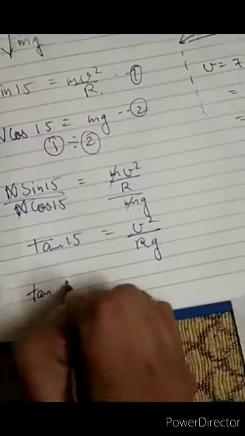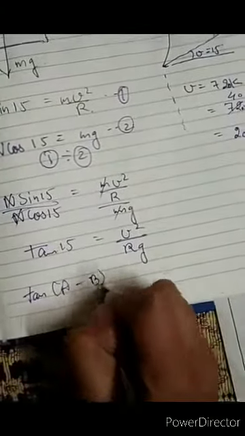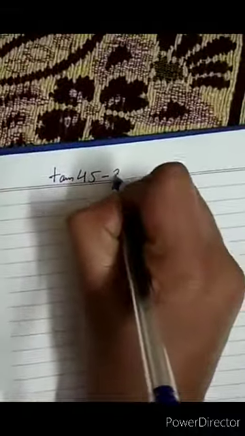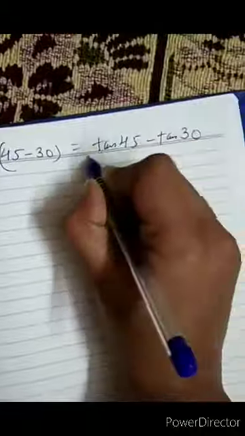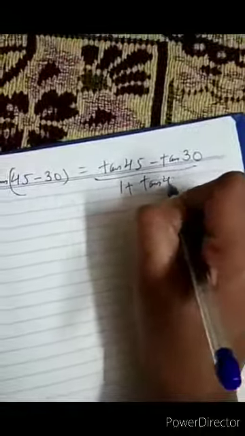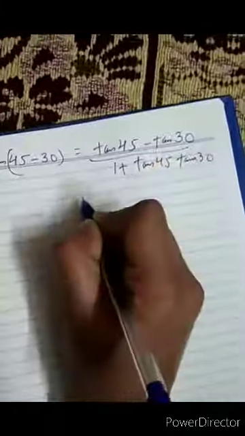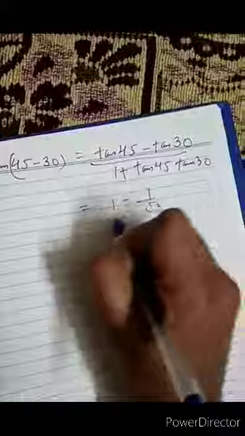You know the formula, tan (A minus B) is equal to tan A minus tan B divided by 1 plus tan A into tan B. So tan 15 can be written as tan (45 minus 30 degrees). So tan 15 is equal to tan 45 minus tan 30 divided by 1 plus tan 45 tan 30, with tan 30 equal to 1 upon root 3.